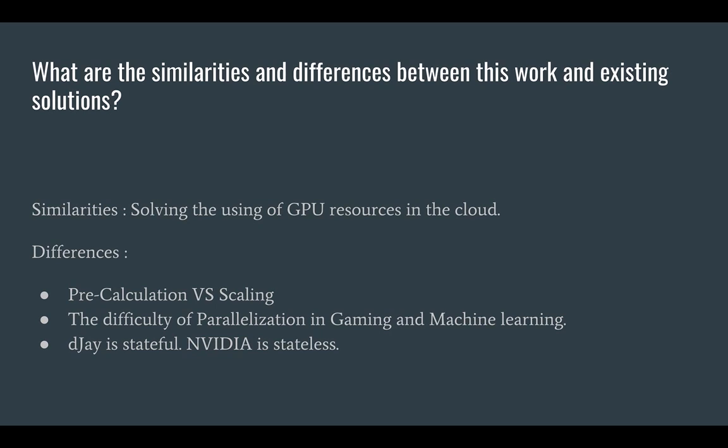Second, the difficulty of parallelization in gaming and machine learning are different. In machine learning, they just add a trained model copy into the computation cluster, and DJ is stateful. Then NVIDIA is stateless. We should pass the current situation to it when we add new resources to make sure of the continuity of our game.